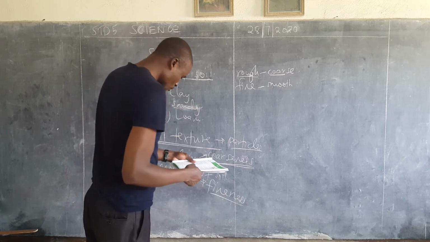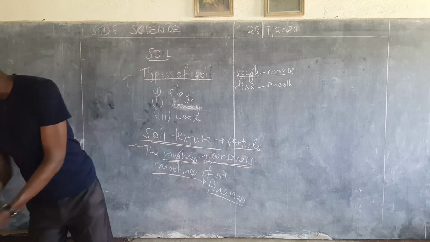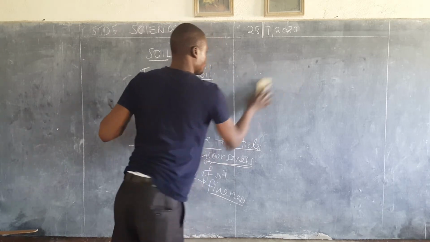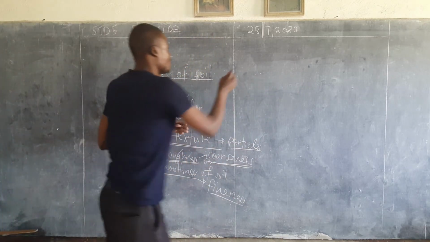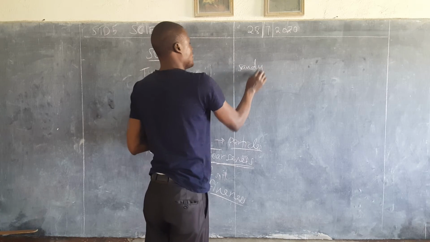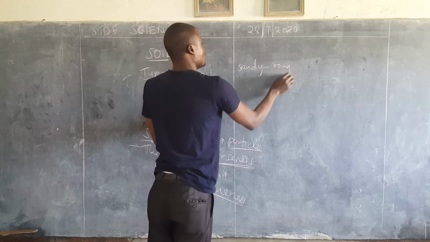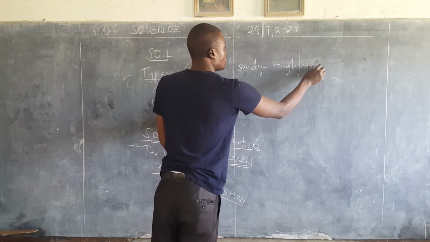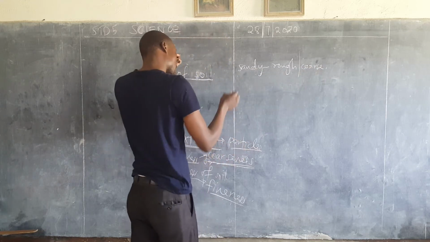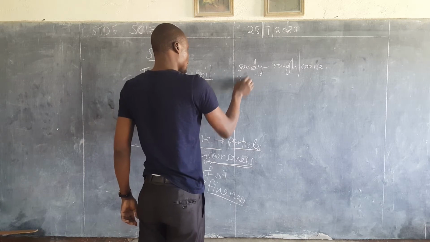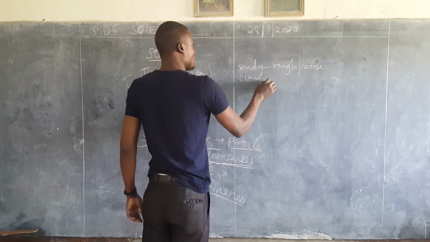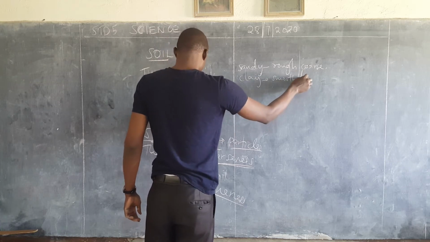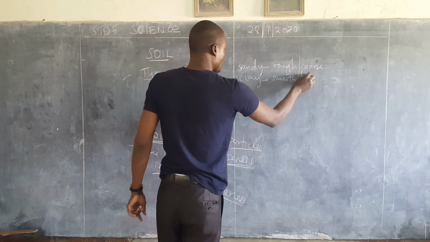Sandy soil, as we have just mentioned before, is rough in nature, normally rough or coarse. And then we have clay, which is very smooth, or we can say fine.